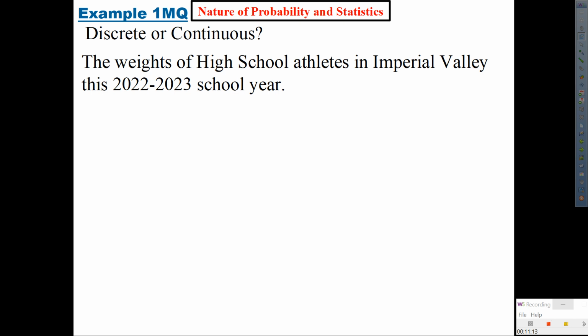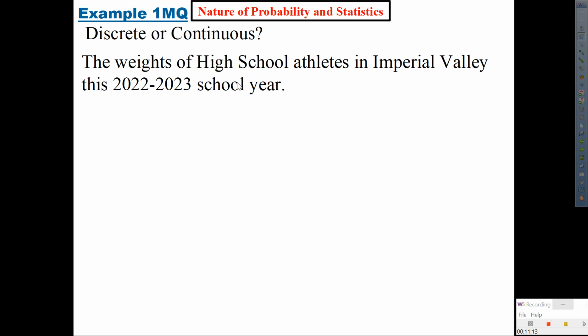All right. What do you think, Jared? Hands if you agree with discrete. Close. It's continuous. Why? Because it's going to vary.